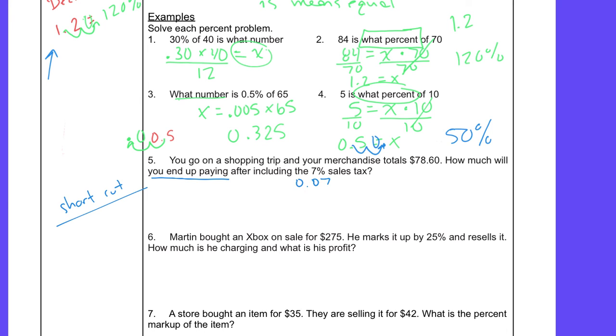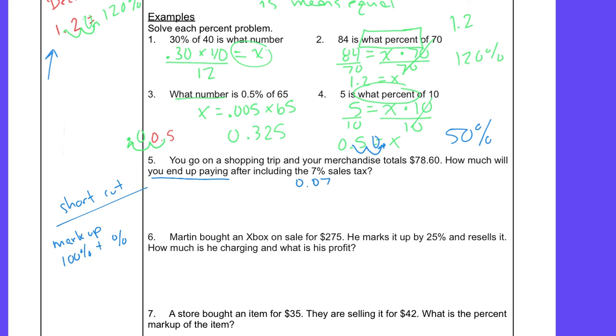For a markup, you're always going to take 100% plus the markup percent, and that's what you're going to multiply by. It's going to save you a step and some time.